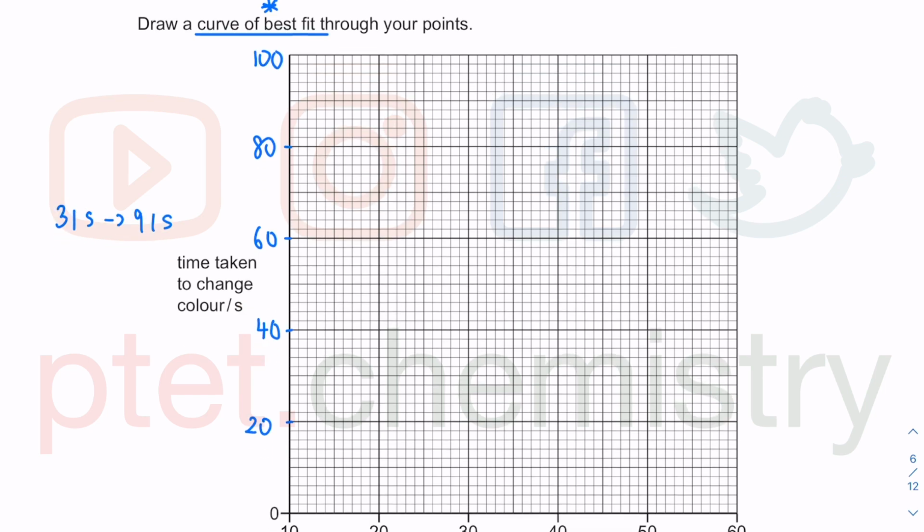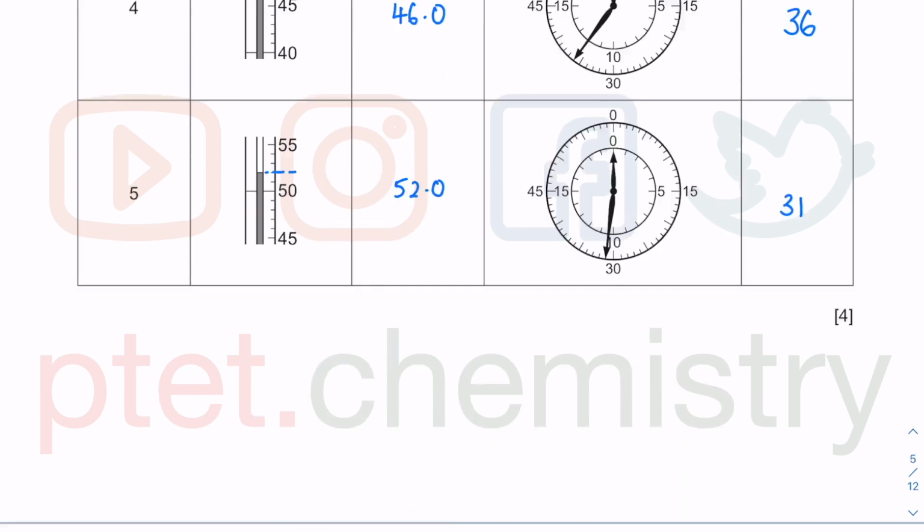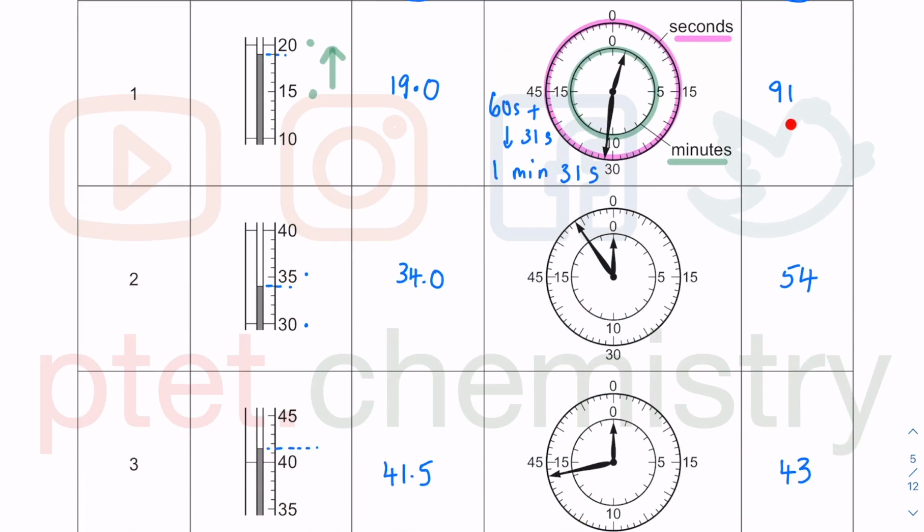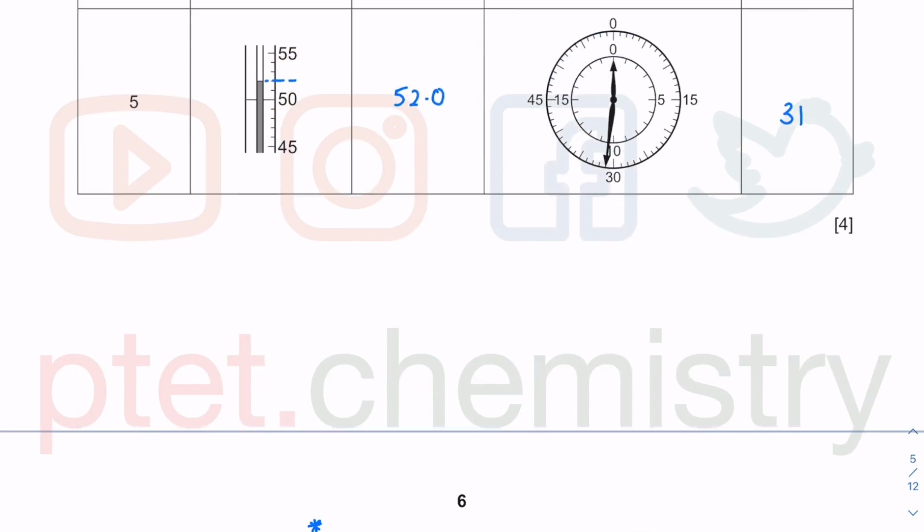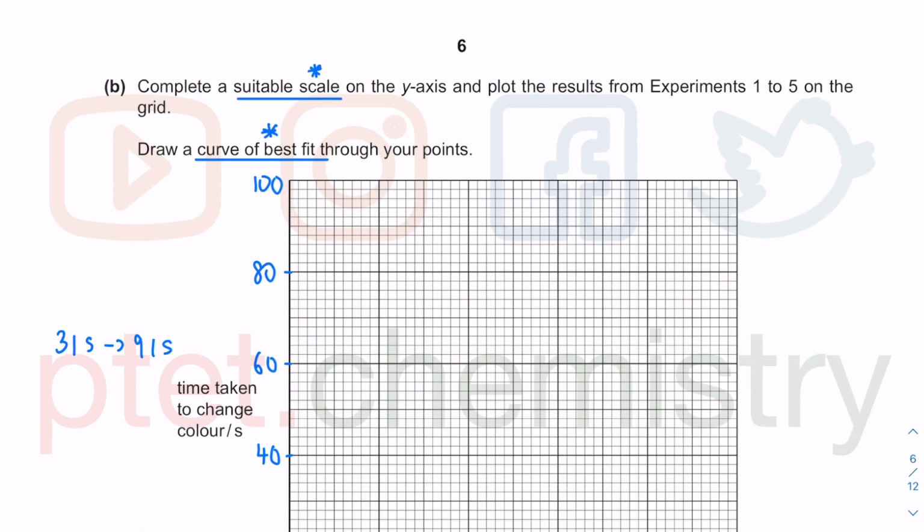So that I can think about 31 seconds just now, right? 91 seconds for 19.0. If this is 80, this is 90, because 90 is halfway in between 80 and 100. So 91 is going to be in between 90 and 92.